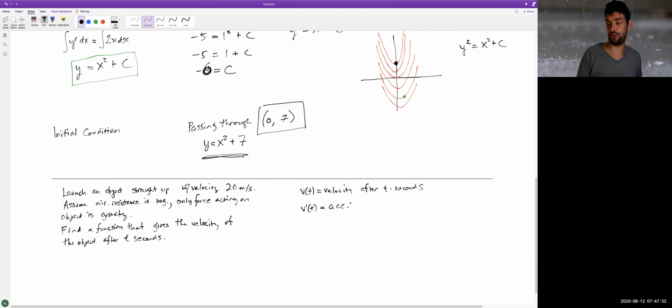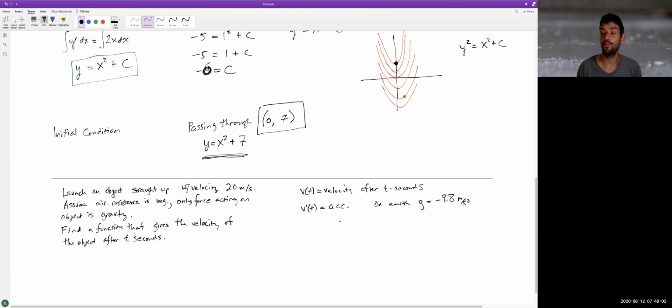On Earth, we've determined through experiment that the acceleration an object feels due to gravity, we name it g, is equal to negative 9.8 meters per second squared. This is assuming up is positive, down is negative, which makes sense.